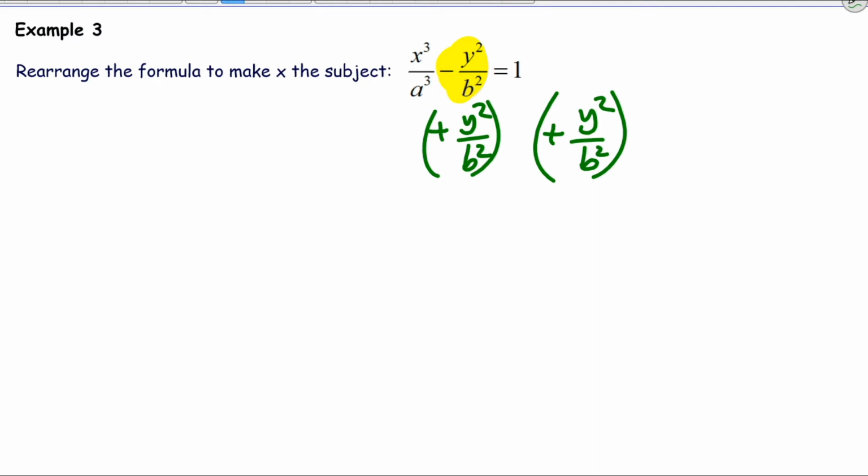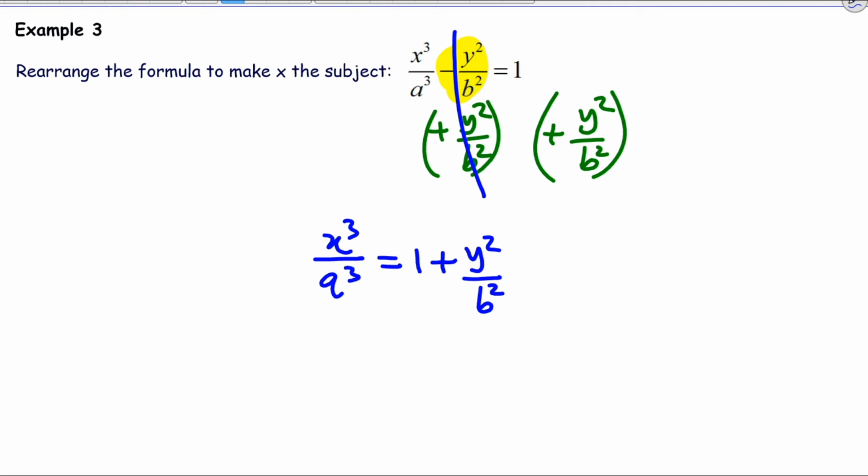These two will be equal to 0, just like negative 2 plus 2 is equal to 0. So what you're left with is x cubed over a cubed is equal to 1 plus y squared over b squared.